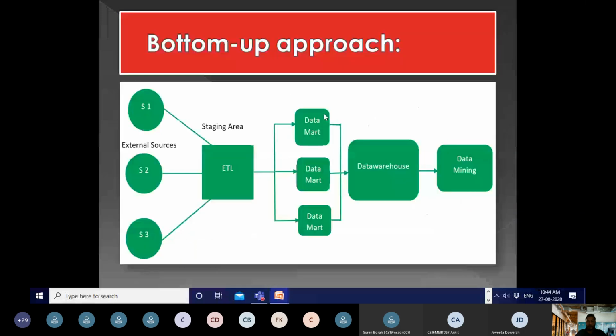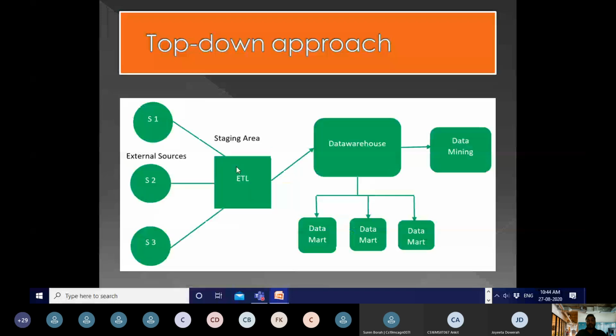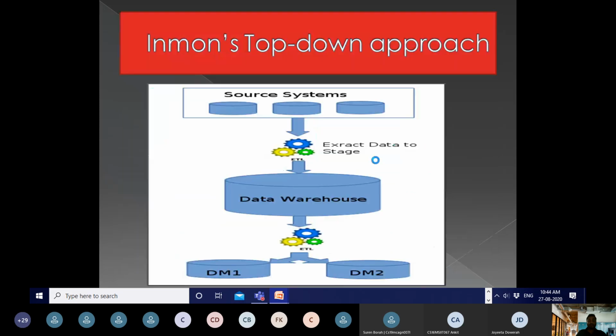Here you are creating the data mart before the data warehouse being created. From the data warehouse, you are creating the data marts in the top-down approach or Inmon's approach. Now, opposite thing, that is from the data marts data, you are creating the data warehouse.